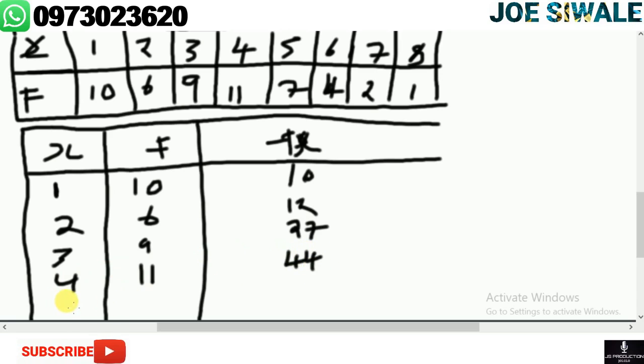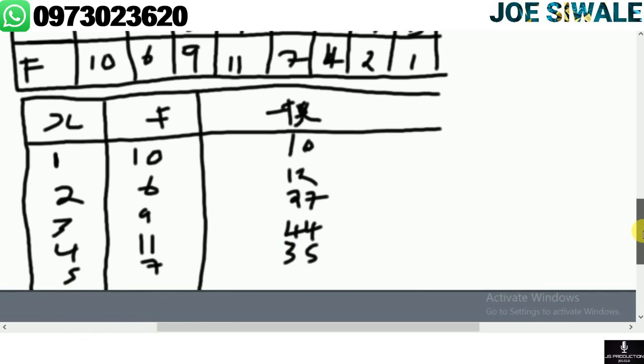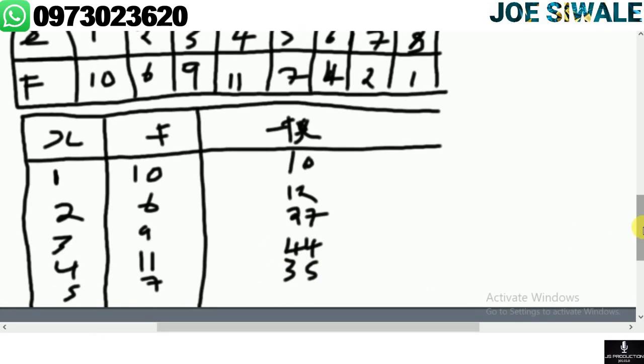Then I also have 5. The frequency there is 7. 5 multiplied by 7, that's 35. Then I also have 7.